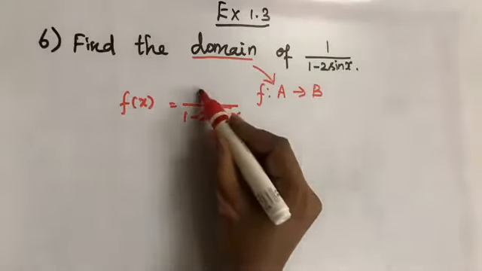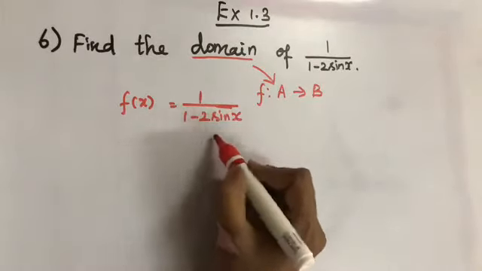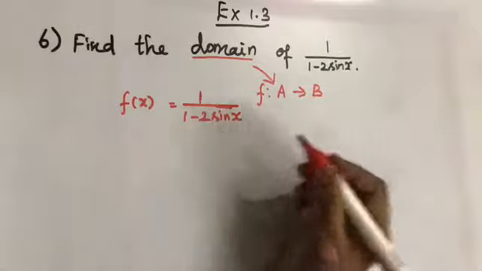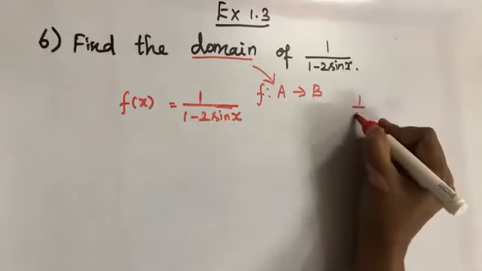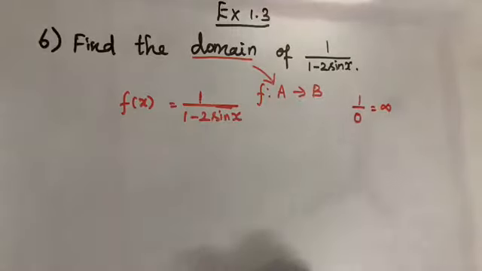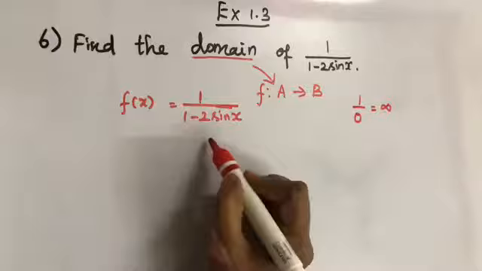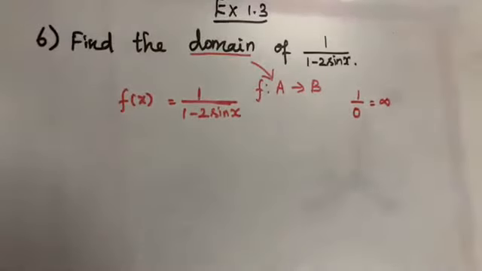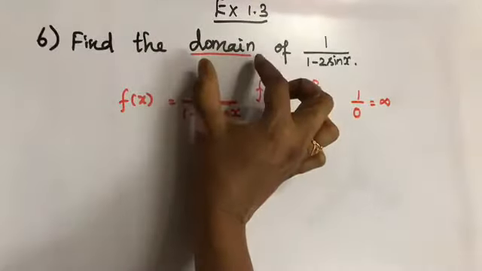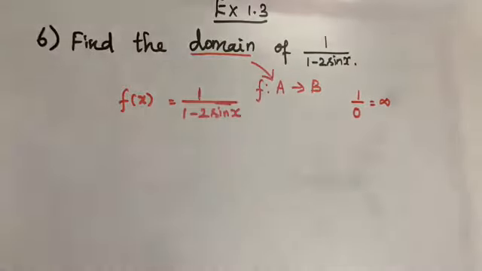While we are considering rational functions, the denominator should not be equal to 0. If it is 1 divided by 0, it is an indefinite value in mathematics. Right? So the denominator should not be equal to 0, and the domain should be free from that indefinite value.